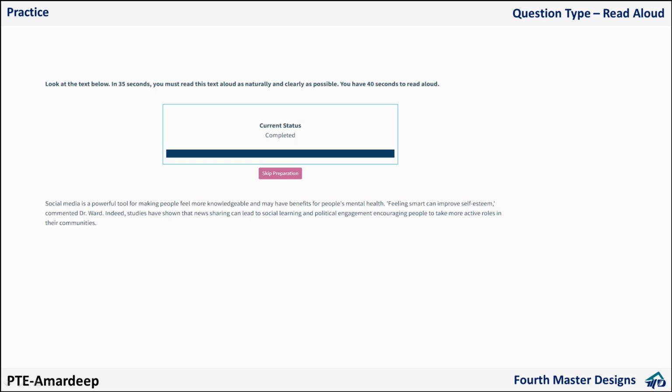Just practice, and once your recording time is over, see how we have read that sentence. So you have sample audio also for a particular read aloud, and compare your recording with ours so that you get to know how we are reading a particular read aloud.